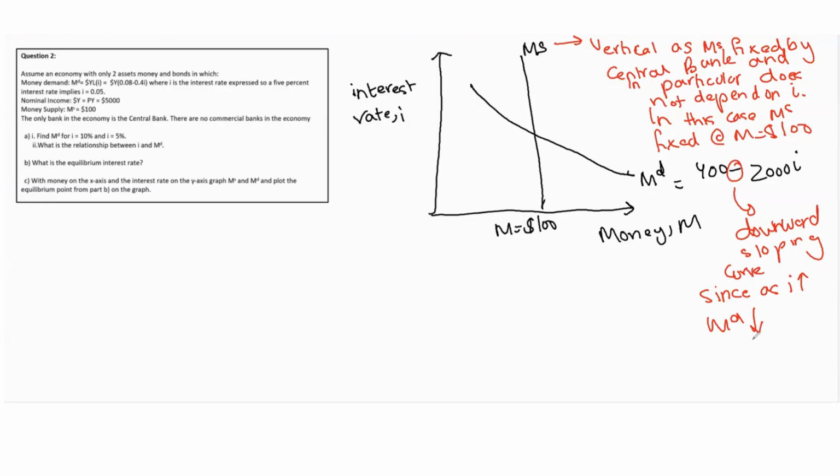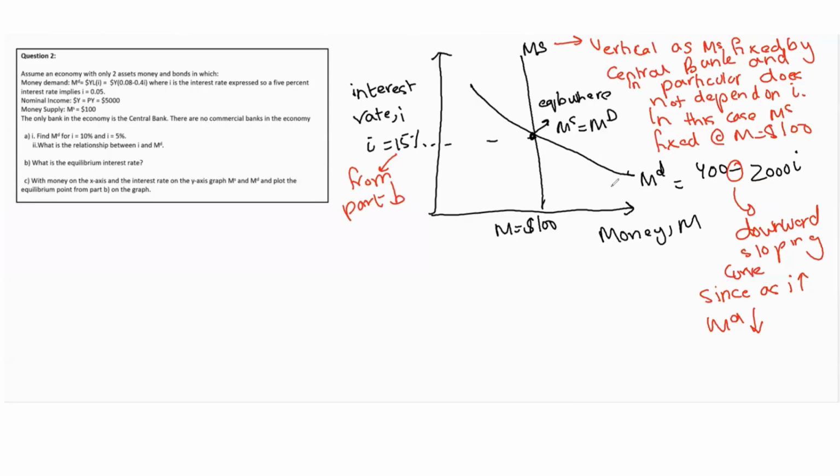We already established in part A why: i represents the interest rate on bonds, which is an alternative way to hold wealth other than money. And money market equilibrium occurs where MS is equal to MD, and the equilibrium interest rate is 15% from part B.